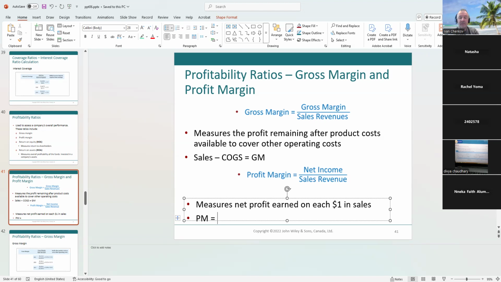Or once we have sales minus cost of goods sold minus the operating expenses. Or the profit margin will be gross margin minus the operating expenses, and that's going to give you the operating income, or net income in this case. And now you're going to express the net income as a percentage of sales.